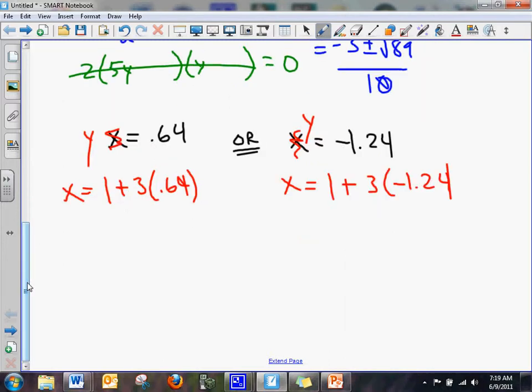I'm going to calculate those real quick. 1 plus 3 times 0.64. So the x term here is 2.92. The x term over there is negative 2.72. Let me clean this up a little bit.